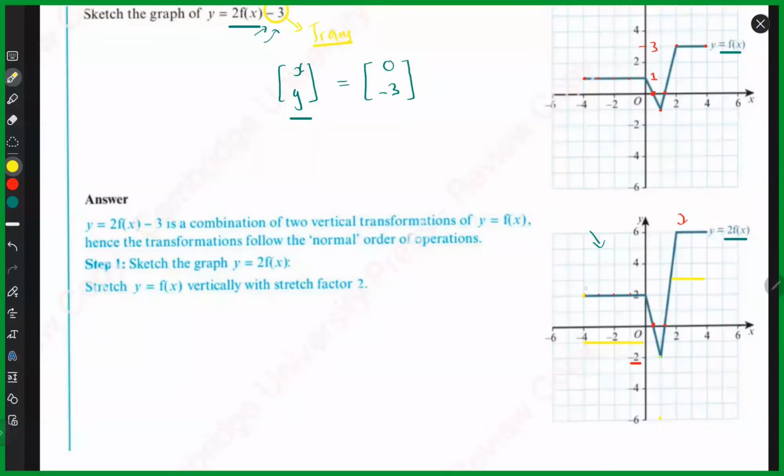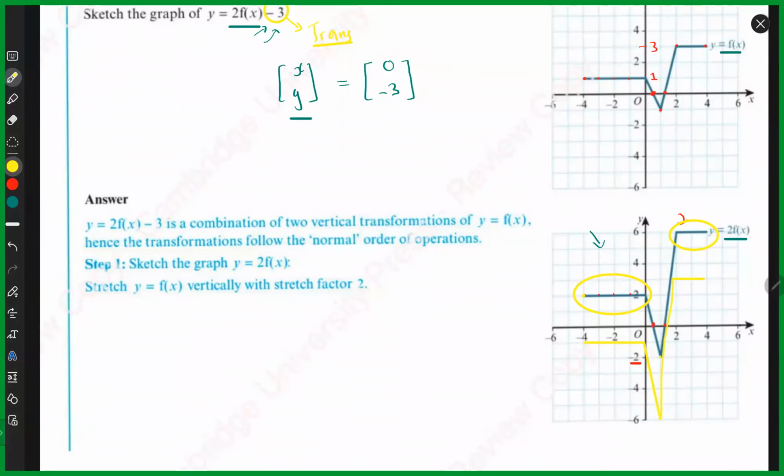For example, I'm looking at this line and I'm going to shift it 3 units down, and then this line I'm going to shift it 3 units down, and then this point. So let me just connect this entire thing properly. Something of this type.